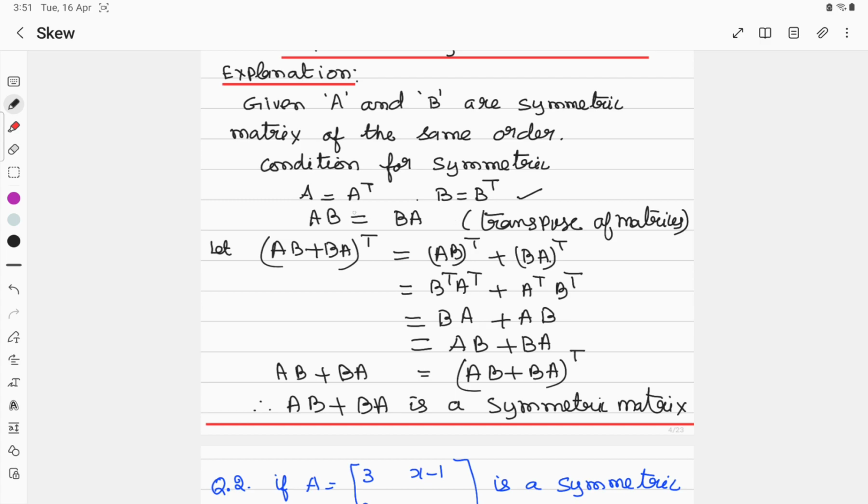So, இப்போ A is equal to A transpose, B is equal to B transpose அப்படிங்கிற ஆன்சரை இதில் நம்ம சப்ஸ்டியூட் பண்ணால் B transpose A transpose becomes BA, A transpose B transpose becomes AB. So, BA plus AB can be written as AB plus BA. So we get AB plus BA transpose is equal to AB plus BA. That is, AB plus BA is a symmetric matrix.